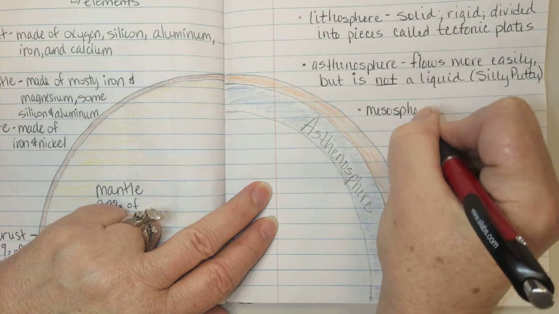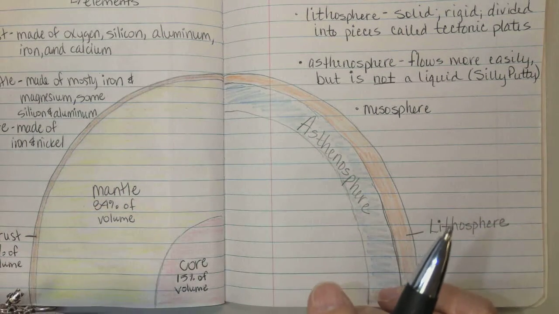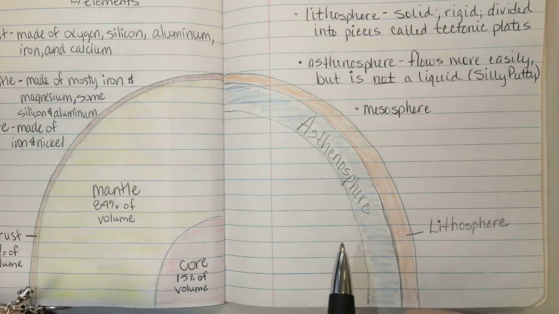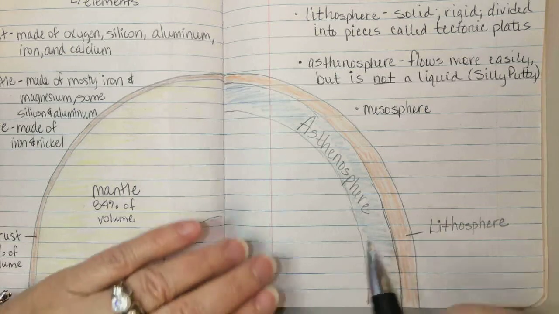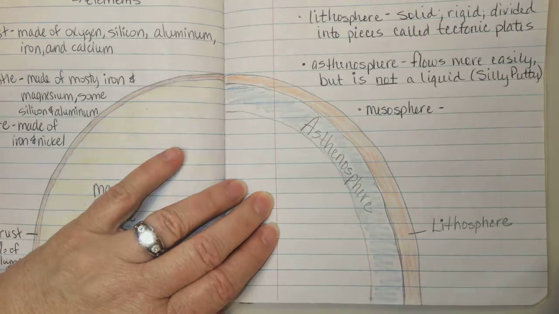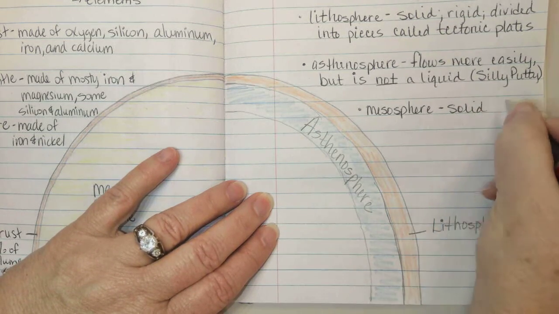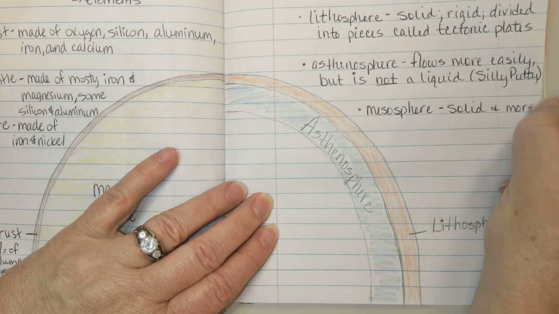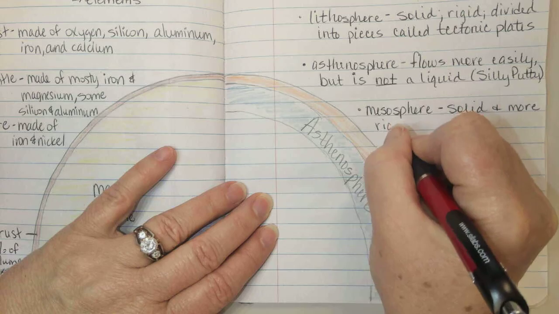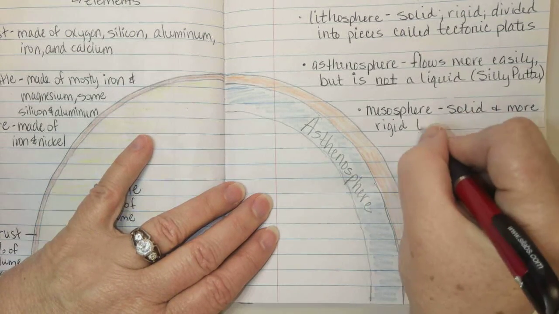So the mesosphere is even further down. It is solid, and it's more rigid than the asthenosphere.